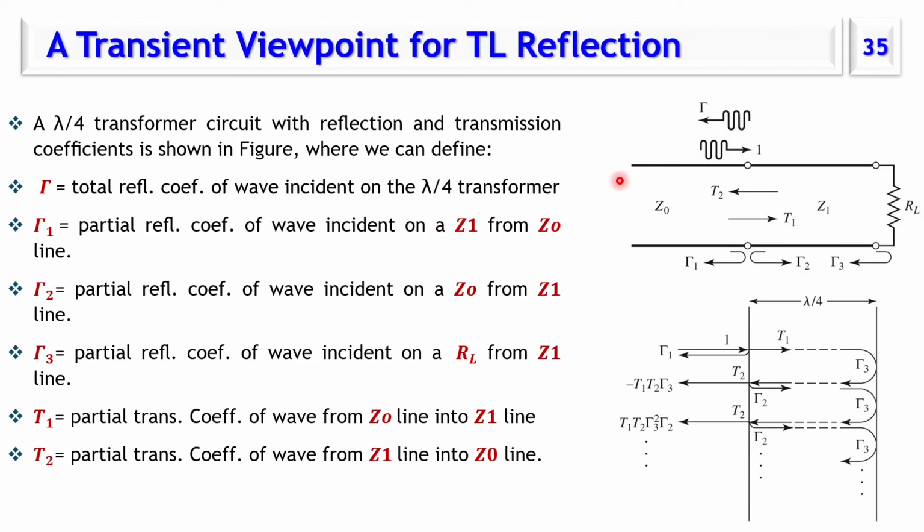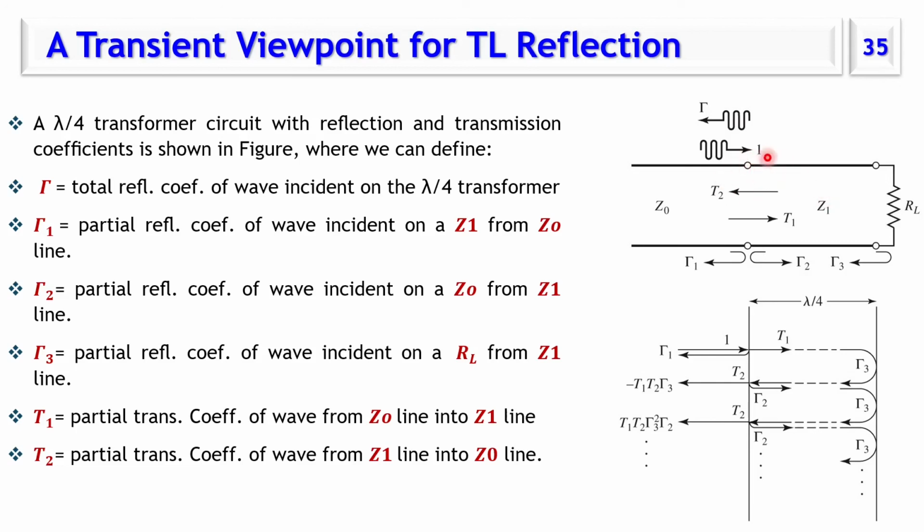If we are transmitting a signal from this point, the signal will propagate. At any point on this line, it sees impedance equal to Z naught. No change, so the signal will continue. The first change that the signal would see is at this point. What does the signal see? It just sees Z1.